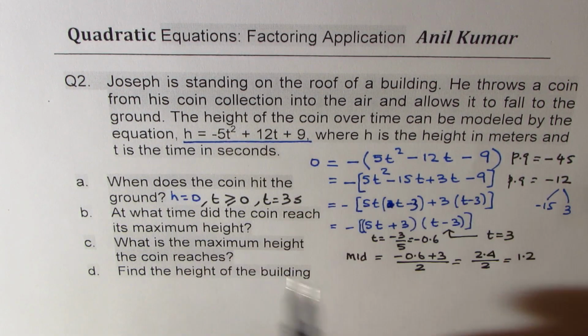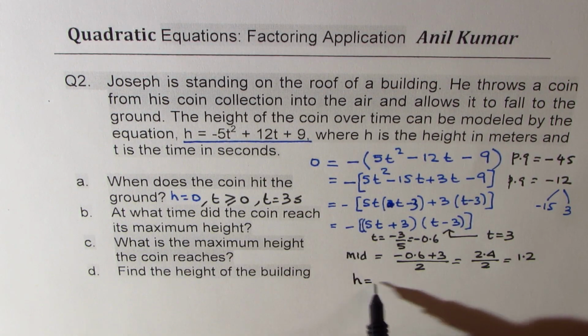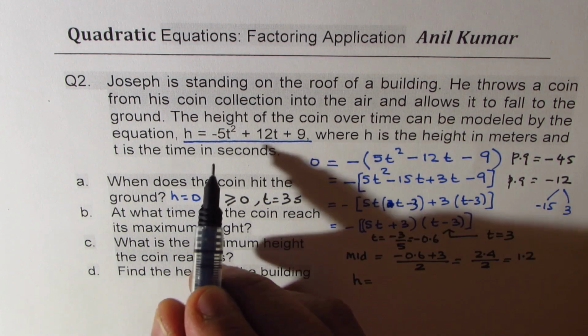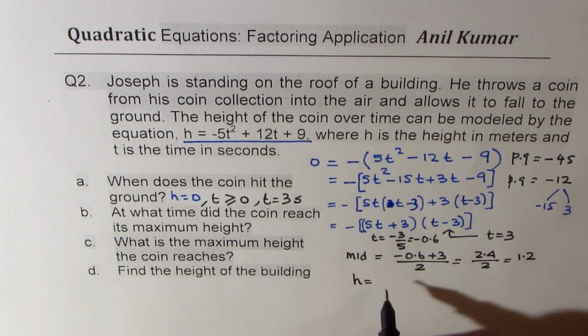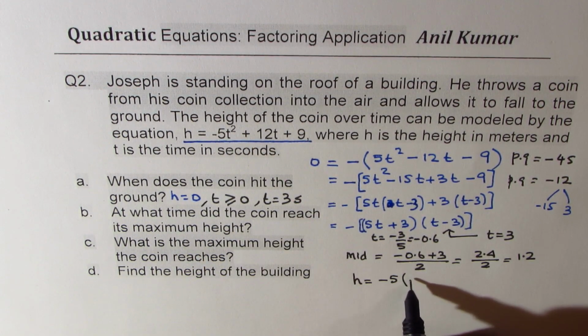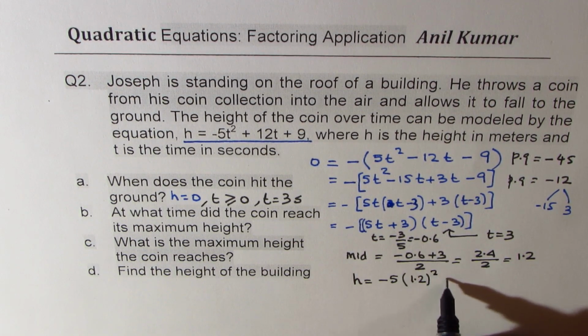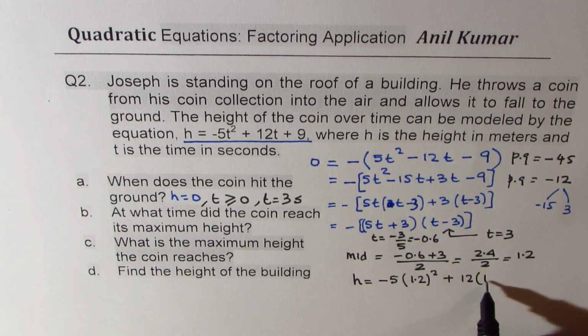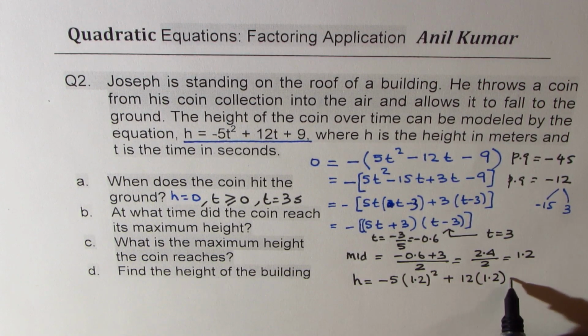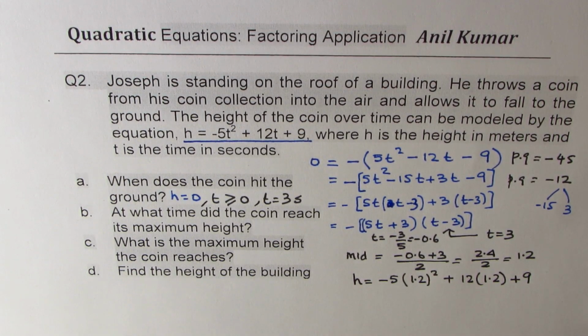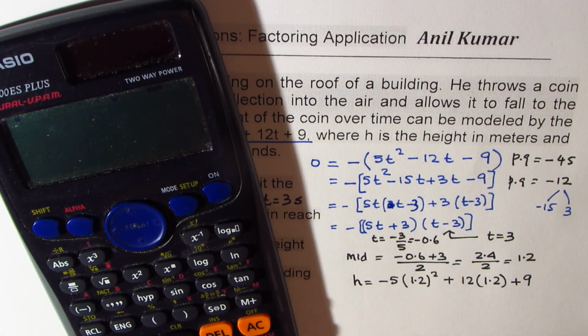To get the maximum, we have to calculate height when t is 1.2. So substitute t with 1.2. So we get minus 5 times 1.2 square plus 12 times 1.2 plus 9. So that becomes the maximum height. So let's calculate this out.